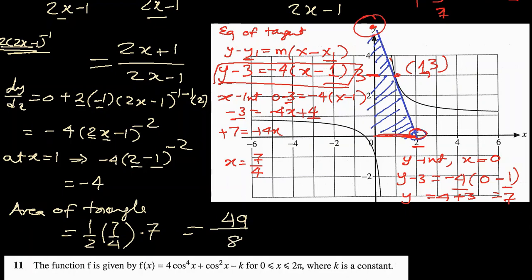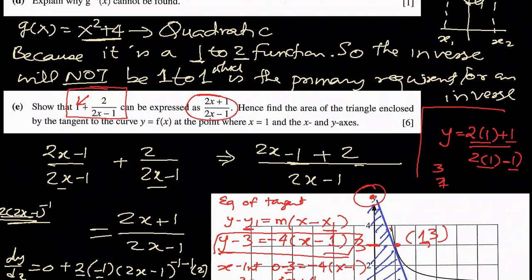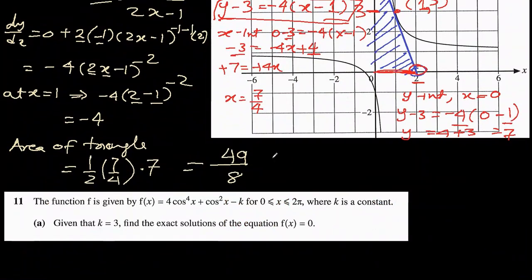Are they asking for the exact area? Let's see. Okay, they have not specified, so you can write this, or you can convert it to decimal, which will be 6.125 units square, and 3 significant figures will be 6.13.